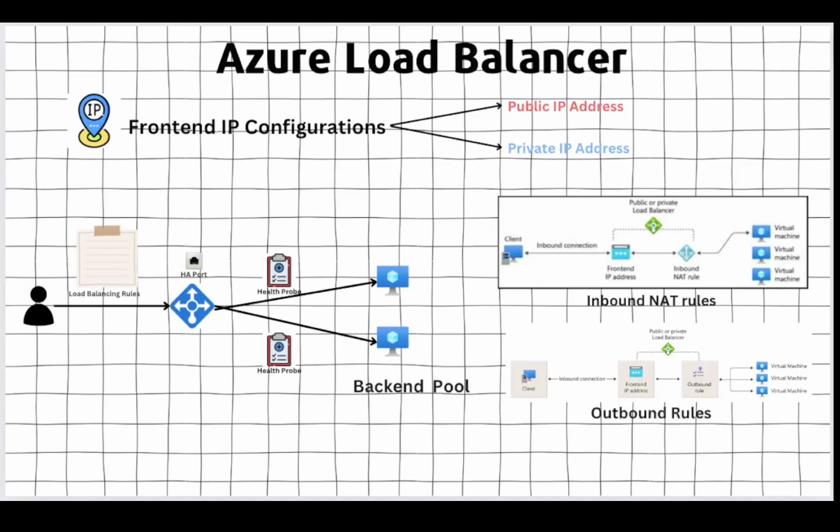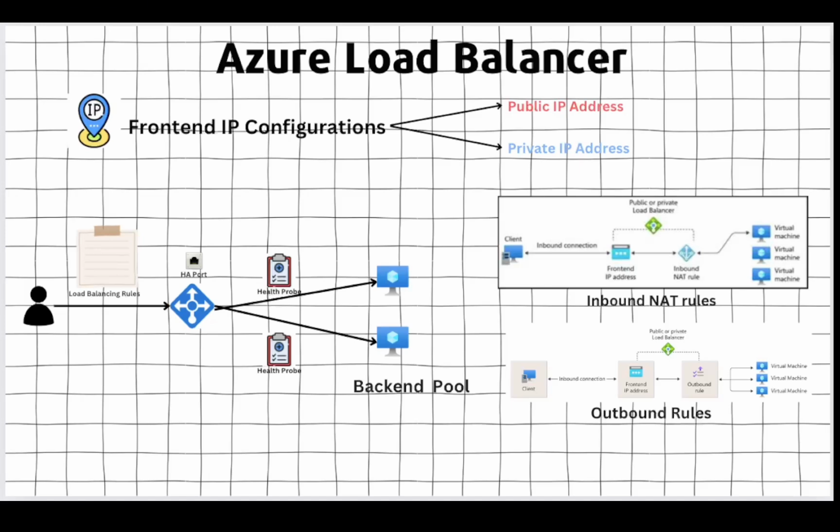The other kind of configuration is outbound rules. Normally, when you have traffic incoming to the load balancer, the outgoing traffic does not go via the load balancer. It directly goes to the required service. But you can configure outbound NAT rules for virtual machines, which will enable you to send the traffic via the load balancer.